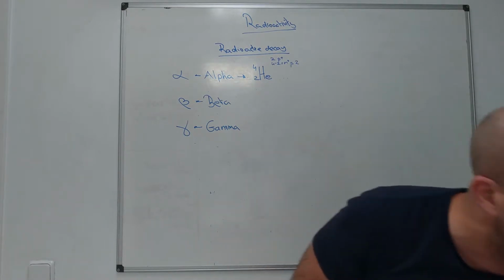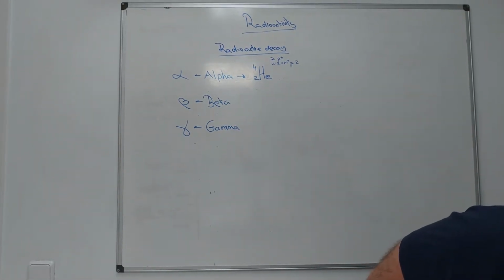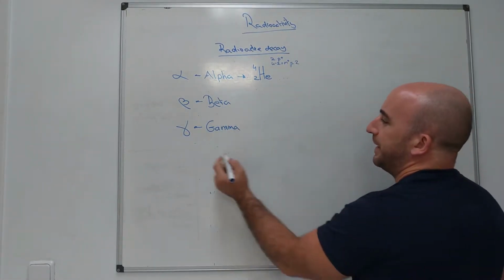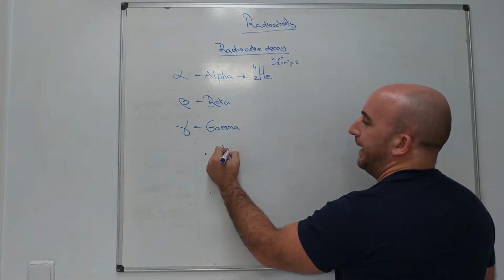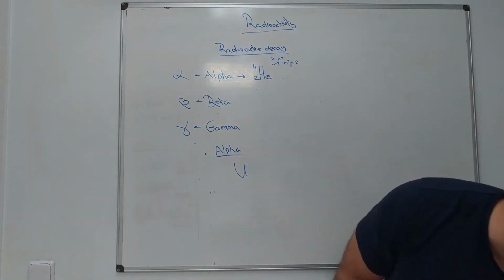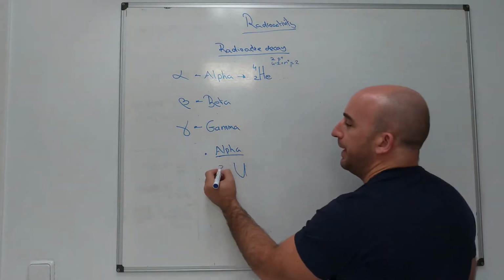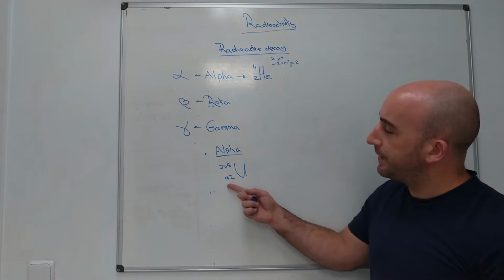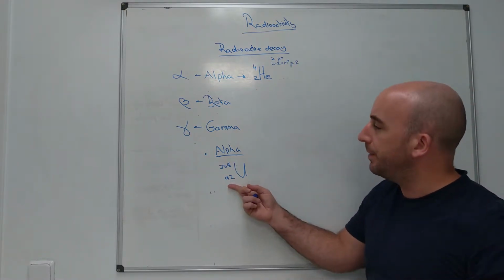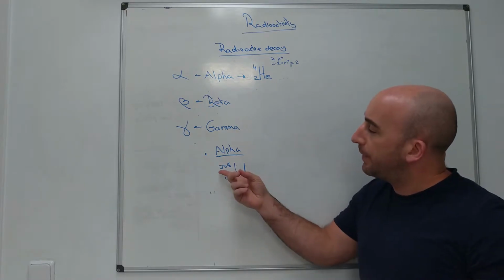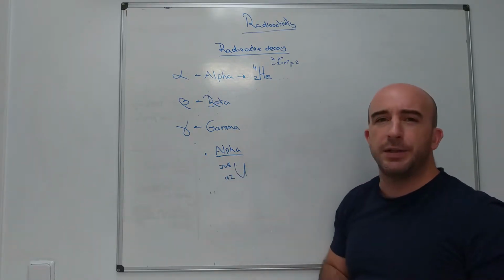And what is going to happen to my substance is that it will basically lose 2 protons and 2 neutrons. Let's look at an example of the alpha decay. We have, for example, uranium with 238 here, and 92 here, which means it has 92 protons and electrons if it's stable, if it's not charged, and 238 minus 92 neutrons.